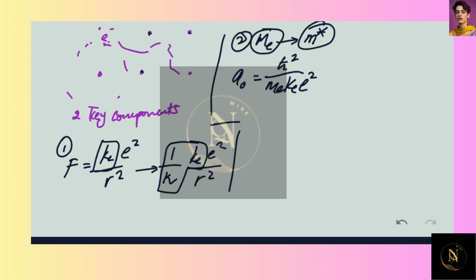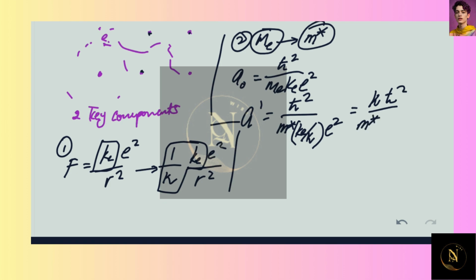To convert it into our crystal lattice model, for the new radius we replace Ke with Ke over kappa and me with m star. So this is kappa times h bar squared divided by m star times Ke e squared.